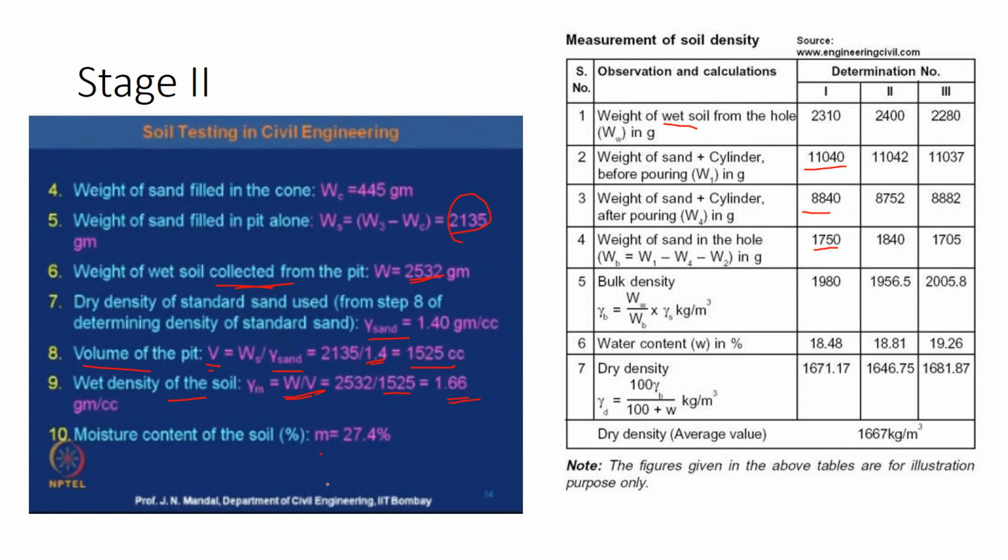So we need to find the volume of that hole in the ground. So we are finding the density of sand in the lab. We are filling that sand in that hole, and we are finding what could be the volume of that hole. Once we know the volume of that hole, we already know how much weight of soil we have excavated, and from that we find what is the density. That is the concept.